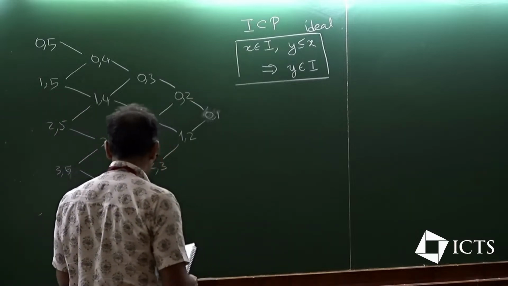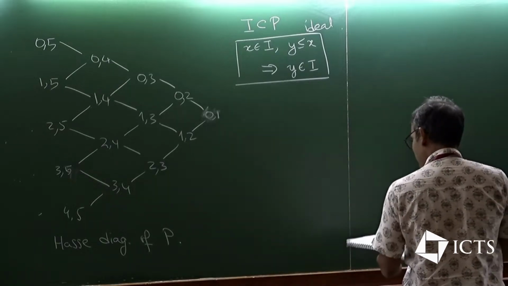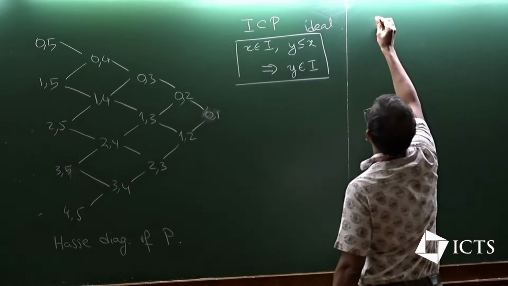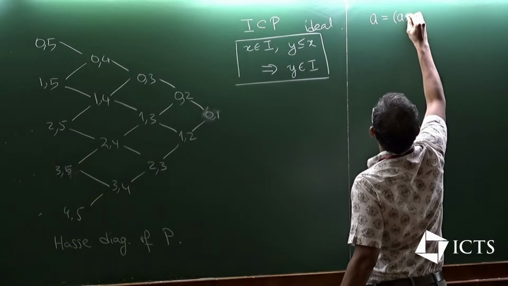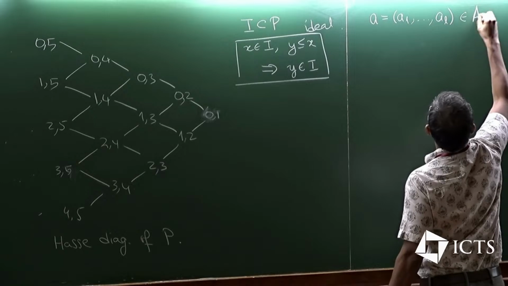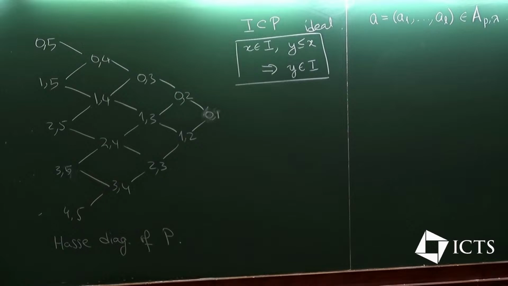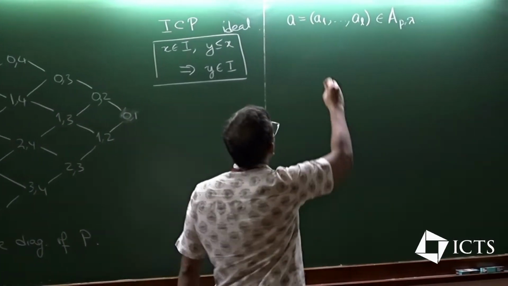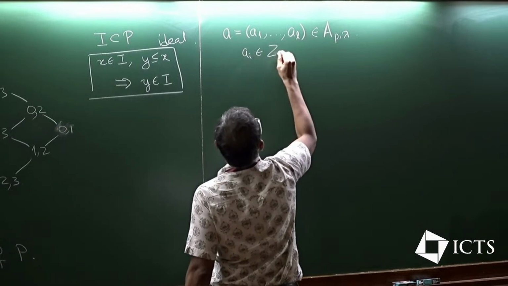So now here's the construction. Suppose I'm given A = (A1, A2, ..., AL) in A_P^lambda. And this means that I'm looking at this module of type lambda. These are the cyclic parts. So this A_i is in Z mod P to the lambda_i.